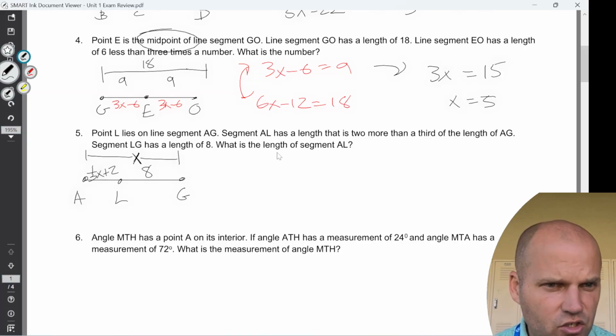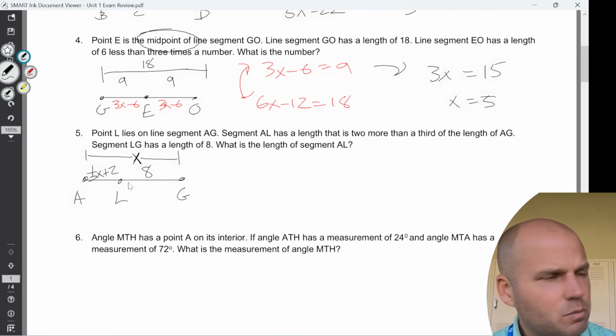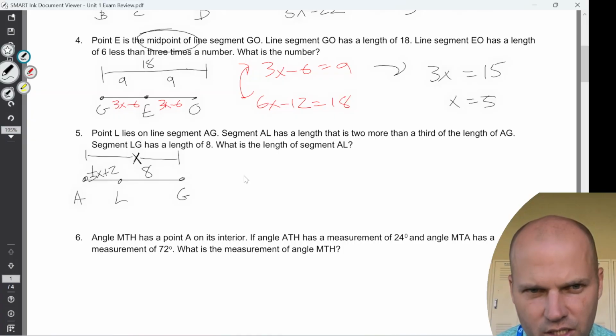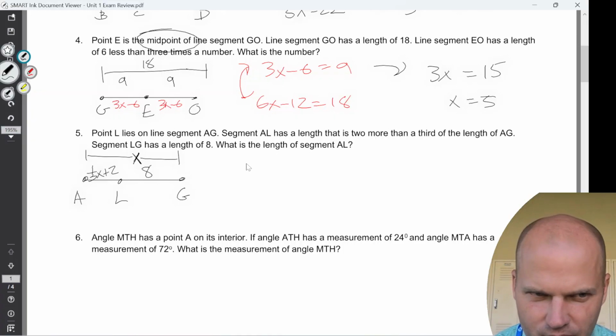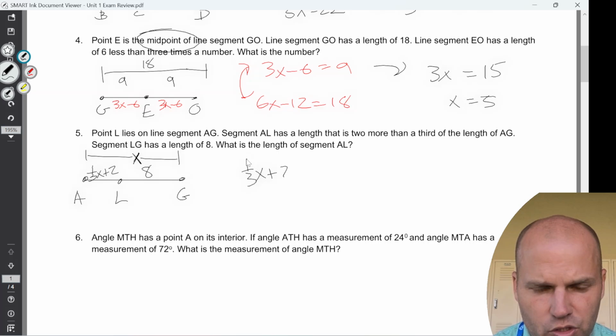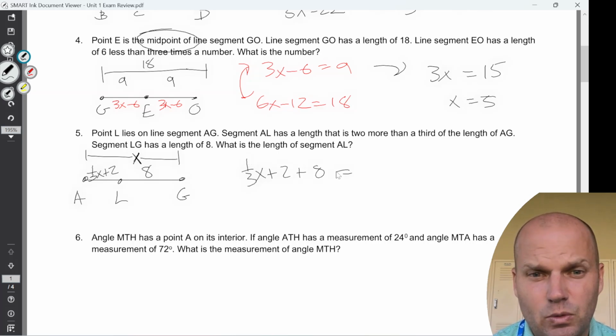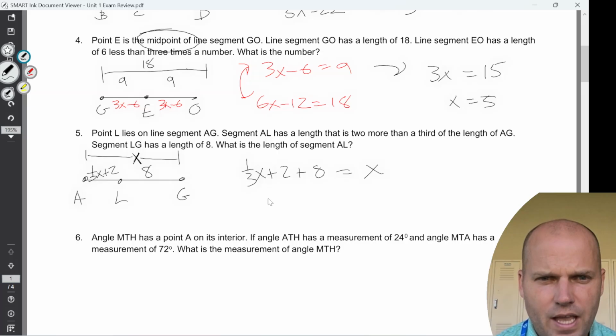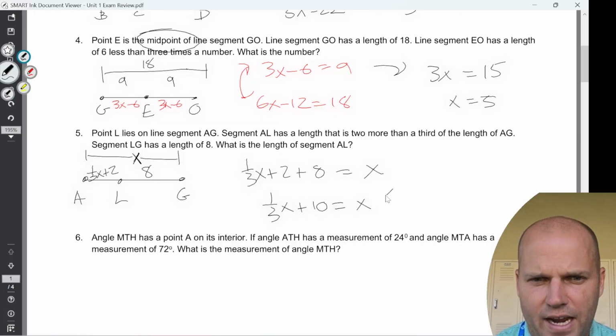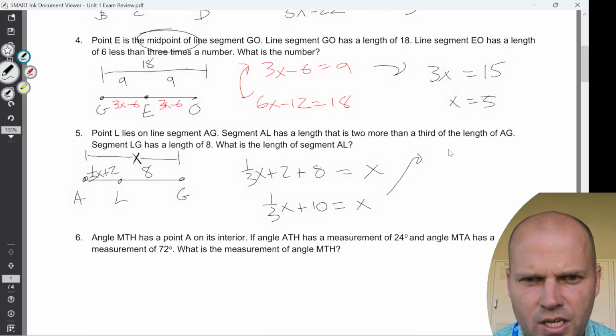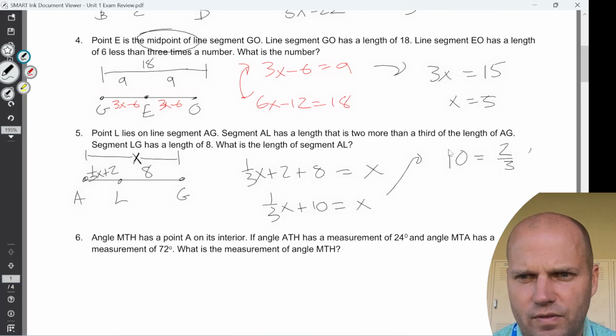We have this very interesting situation, AL plus LG equals AG. Looks like algebra out there. 1/3 x plus 2 plus 8 equals x. Well, we have a third of an x plus 10 equals x. I'm going to subtract a third of an x from both sides and I get 10 equals 2/3 of an x.